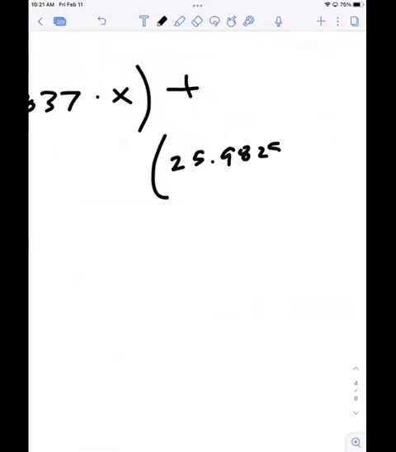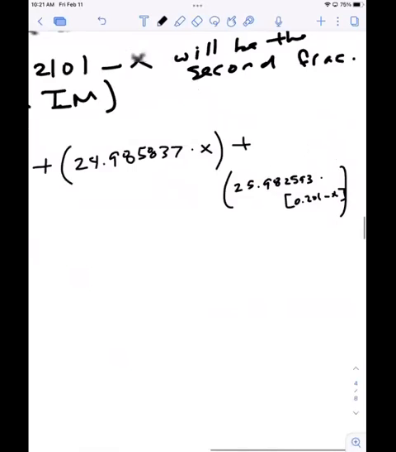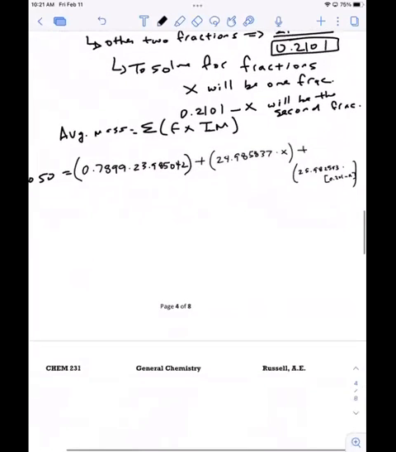Is that right? I'll put this in brackets. Those are three terms because we got three isotopes.